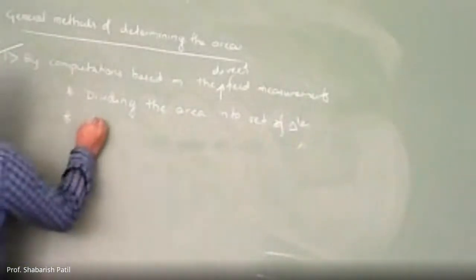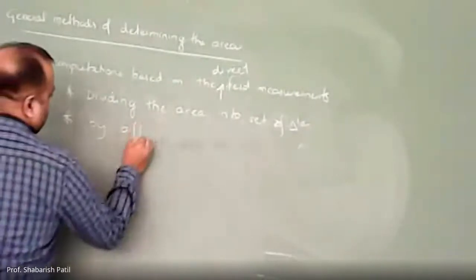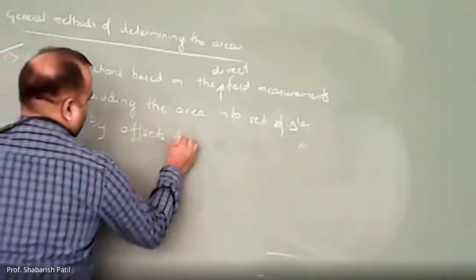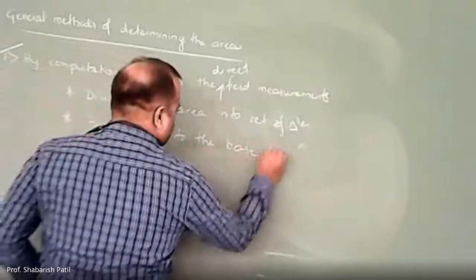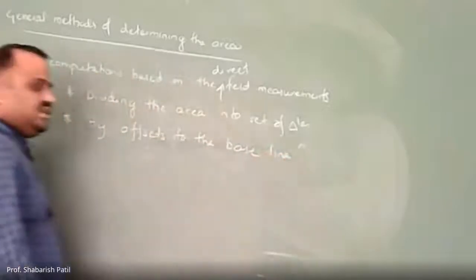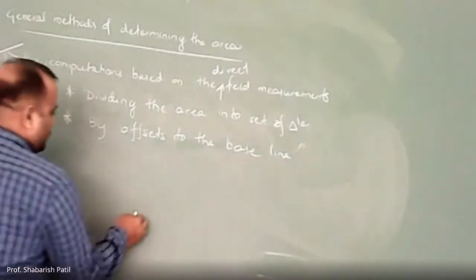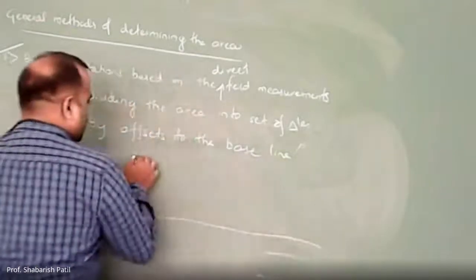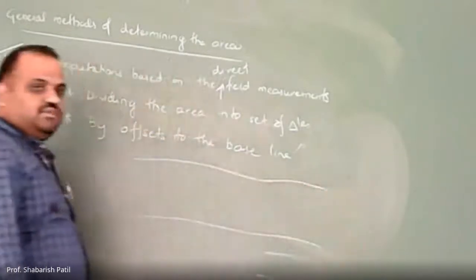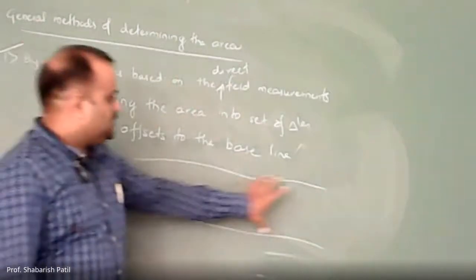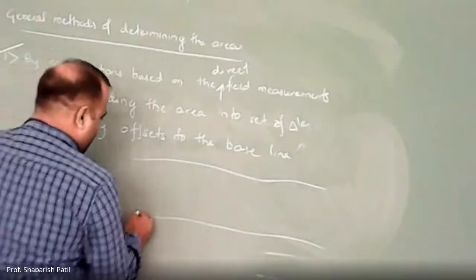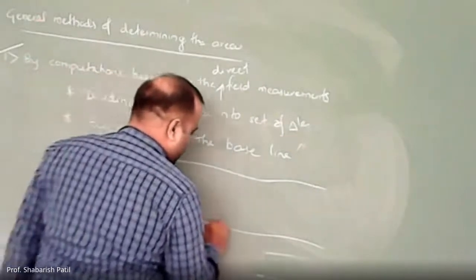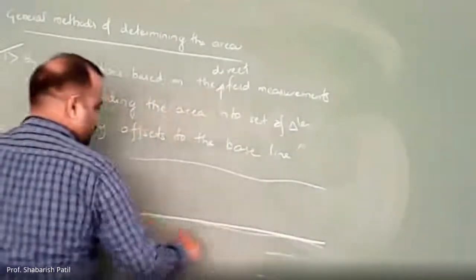And the second part is by offsets to the baseline. Again, this method depends on the nature of the topography. If your topography is like a strip, then we will run a baseline parallel to a boundary.